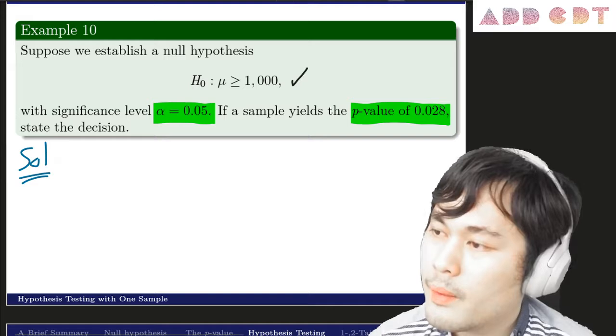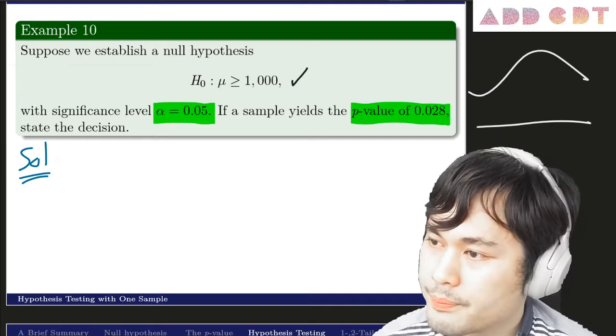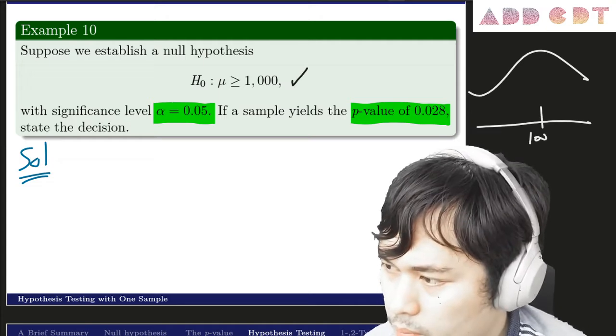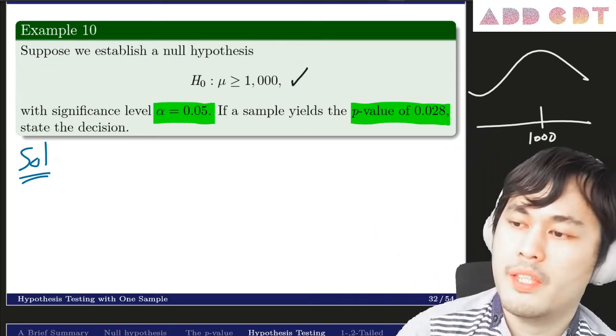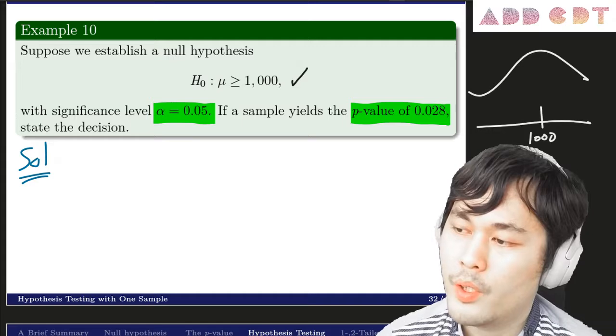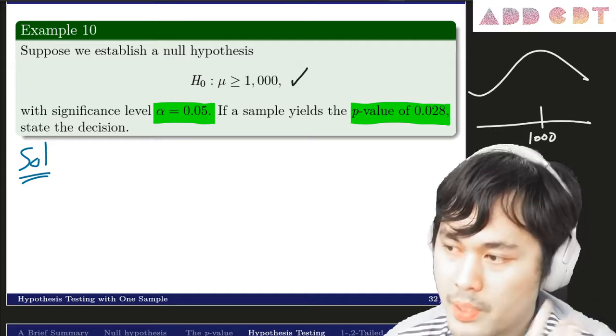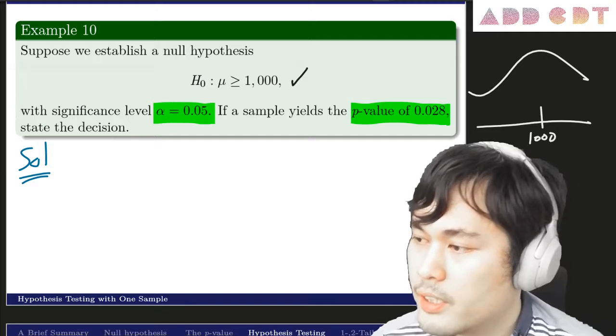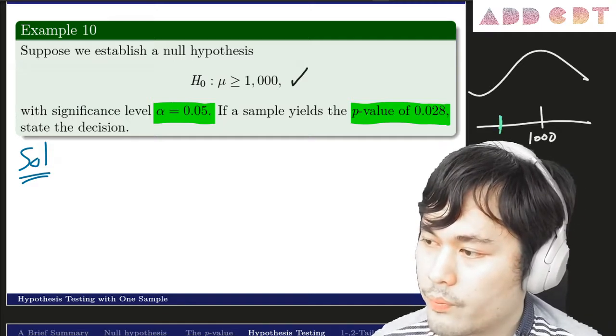We have that curve, right, where mu is, say, 1,000. We don't know what the sample gives us, but we know that from that sample it gives us a p-value of 0.02, and we put a gate here at some value.